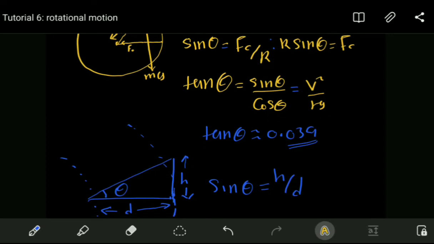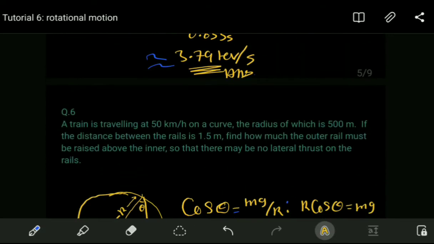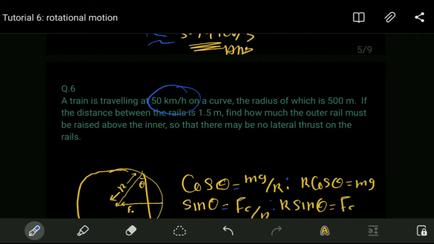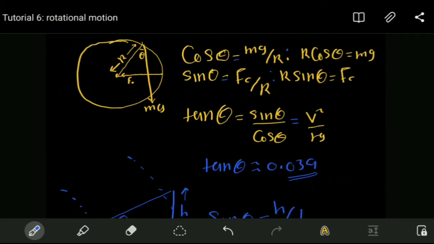We convert this speed, this 50 kilometers per hour, to meters per second. After you convert that, you plug in v squared, and we know what r is, we know what g is. We are going to have tan theta as 0.039.